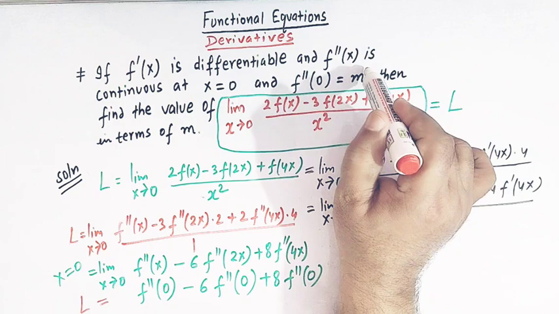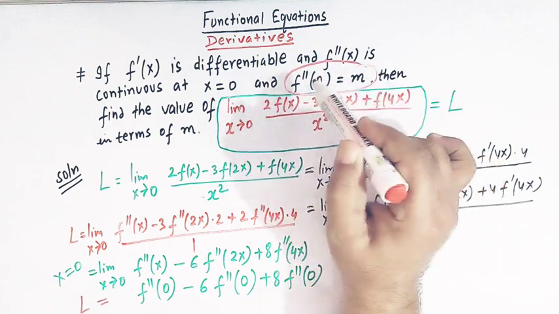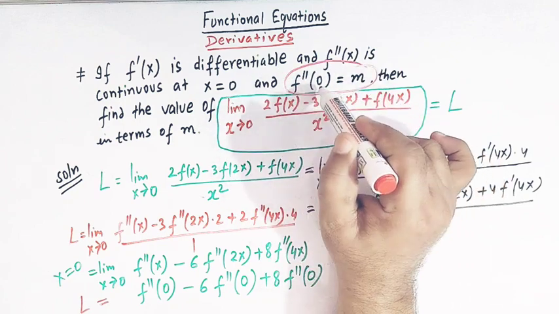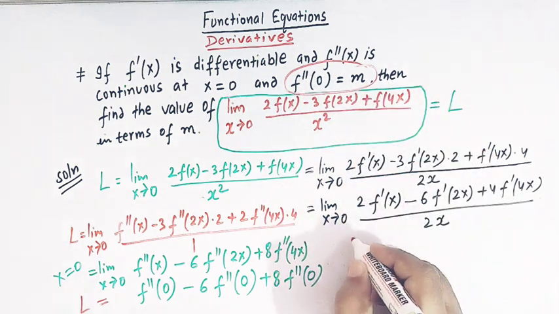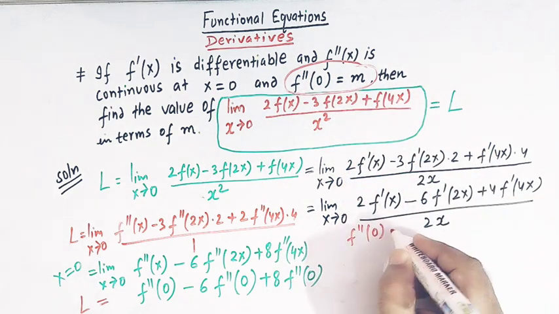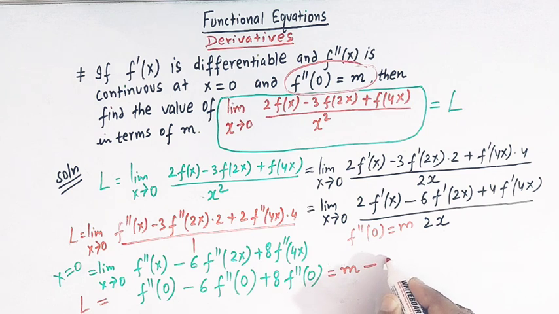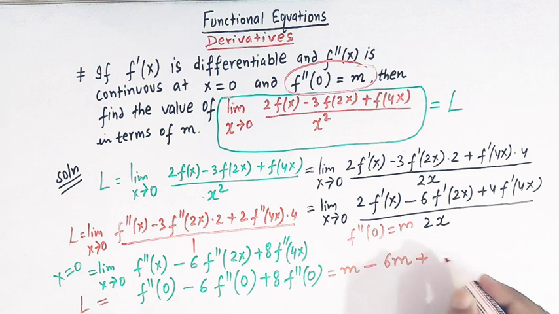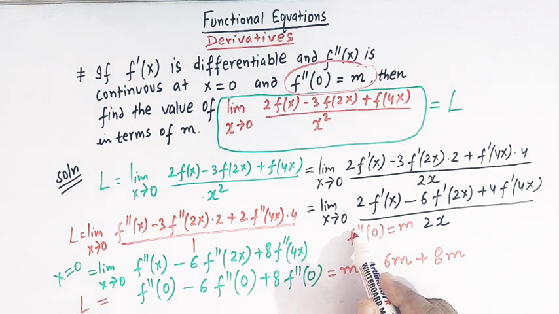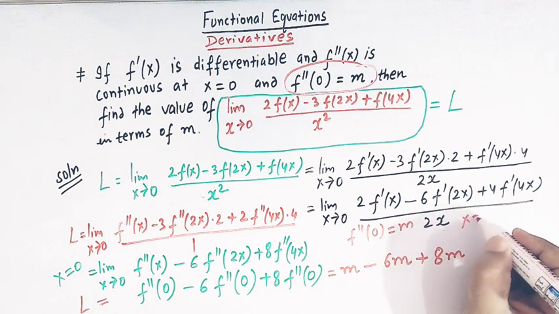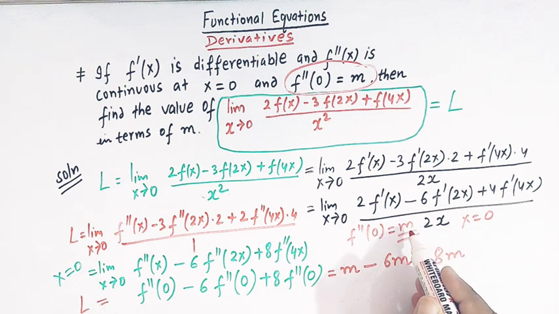We are given that the second derivative of f at x equal to 0 is m, so we'll substitute this value in the expression.